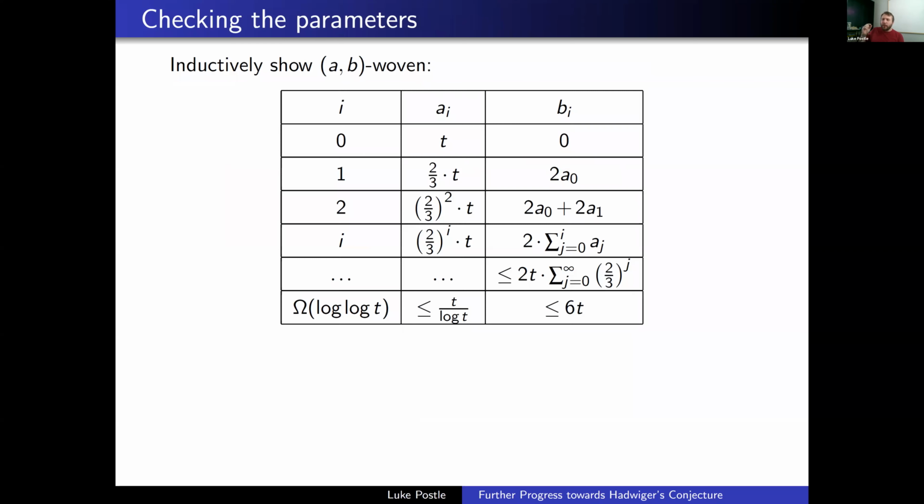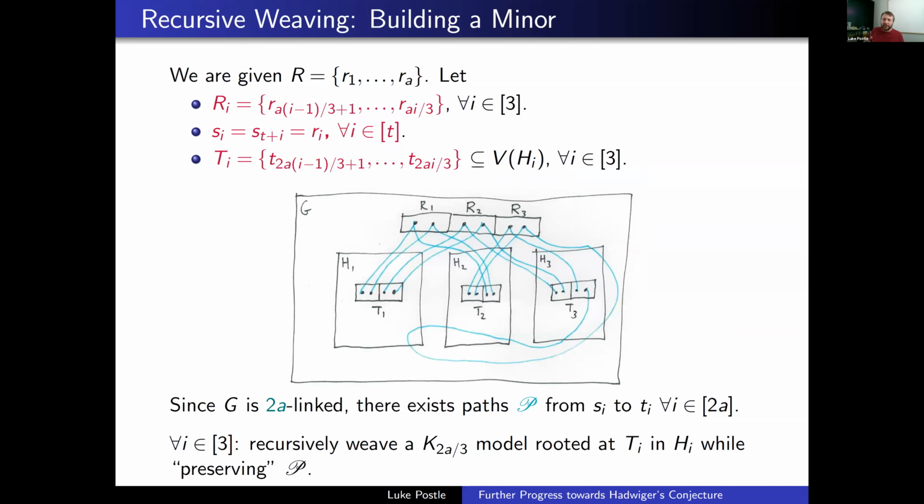So what happens? Well, the size of the minor I'm building goes down by 2/3 each time. So you kind of have an A1, which is 2/3 t, and A2 will be 2/3 squared t, right? It's decreasing. But the issue is my B grows, those linkages I have to preserve grow. So the first time I get 2A0, if you go back to this picture, you'll see they're down 2/3, but I actually have 2A0 number of paths there.